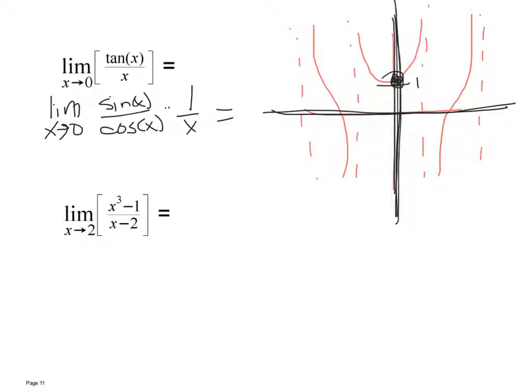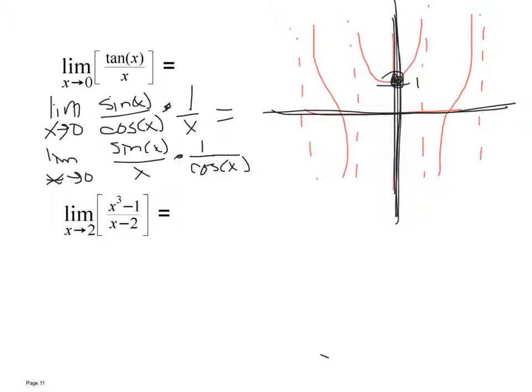I'm going to multiply by 1 over x so that it doesn't look so crazy. I'm going to rearrange that a little bit. So really that's sine x over x times 1 over cosine x, and we're still talking about as x goes to 0.